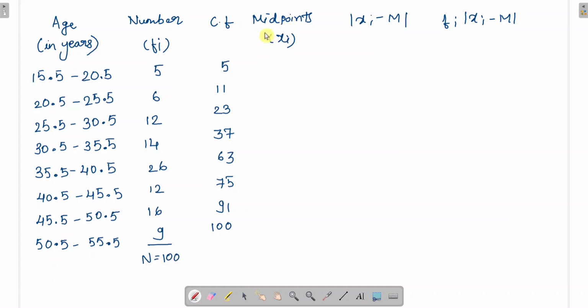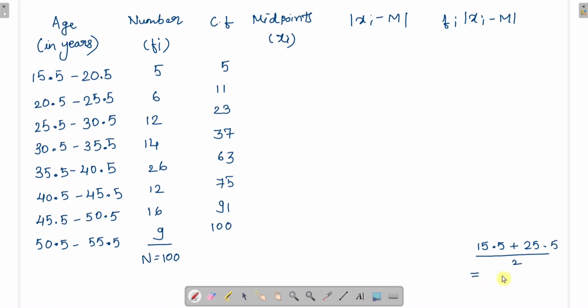Midpoints is denoted as xi. So midpoint of 15.5 up to 20.5. So for finding the midpoint, we have to take the sum of the lower limit and the upper limit divided by 2. So 15.5 plus 25.5 divided by 2.